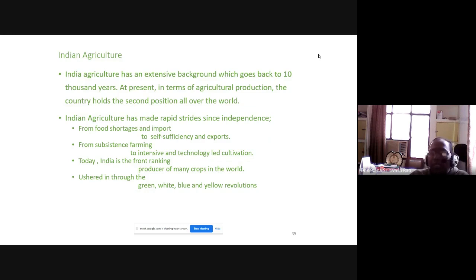Because of that, the Indian government used to import food grains, like wheat, from developed countries like the USA. Because of the shortage of food grains, we used to import like that. Now we can see self-sufficiency, and also we are exporting. This is the stage where we have improved from shortages and imports to self-sufficiency and exports.